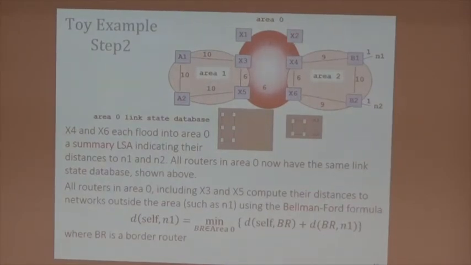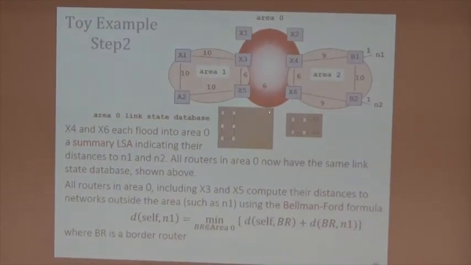They don't need to give the next hop, they just need to give the distance information, which is what is illustrated here. So in some sense, X4 will speak to the rest of area 0 as if it were directly connected to N1 and N2. X6 will do the same. So we see that N1 and N2, it is as if they had dual connections to those two routers with different costs of attachment.